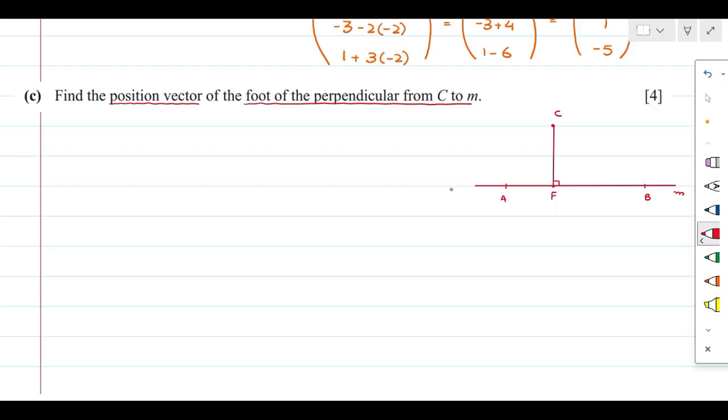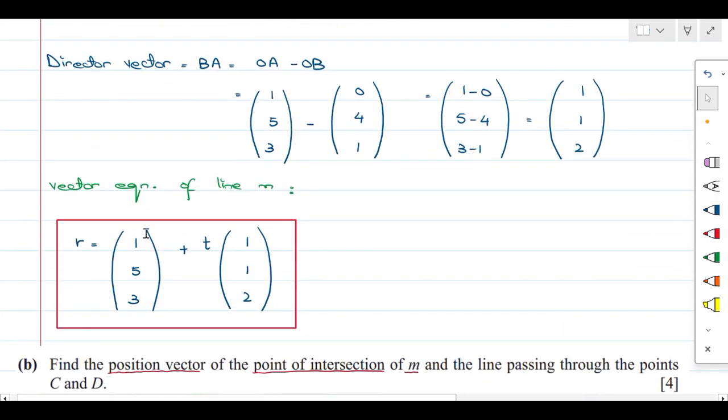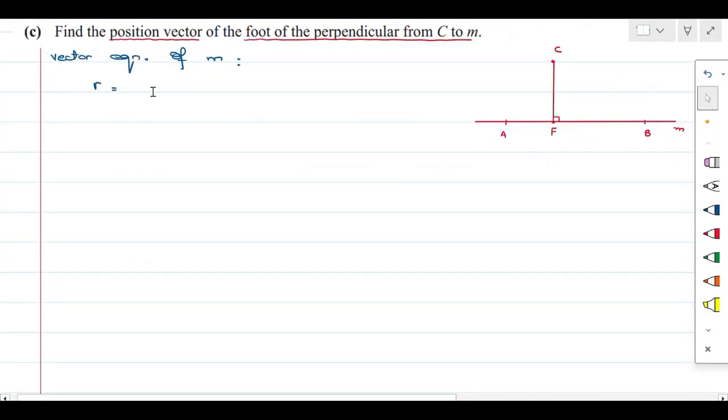All right. So as we have found the vector equation of the line AB in part A, the vector equation of the line M, r is equal to, what is that line? 1, 5, 3 plus t times 1, 1, 2.